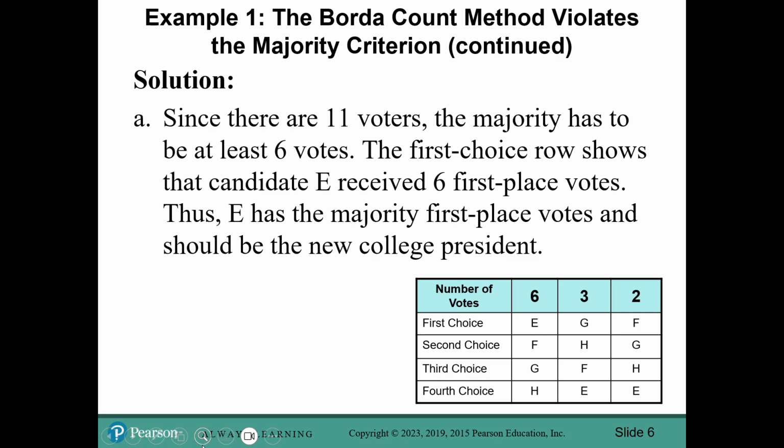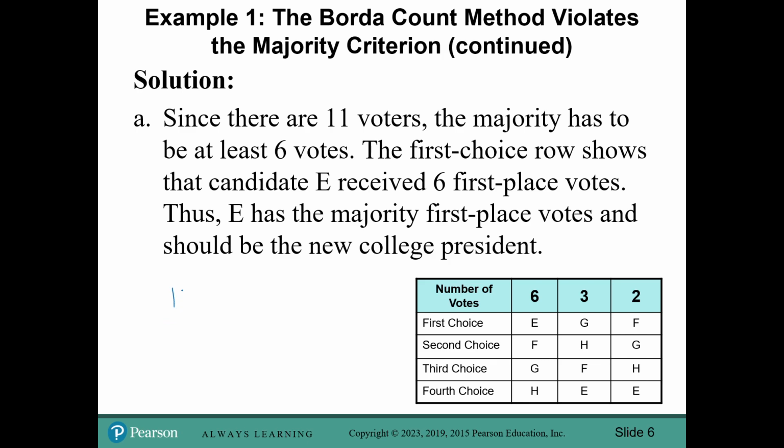Okay, so let's look at which candidate has the most first choice votes. If we look at the chart here, we've got our first choice here. We see E has 6 first place votes, G has 3 first place votes, and F has 2 first place votes. Now, in order for a candidate to receive the majority of the votes, remember that they need to receive over 50% of the votes.